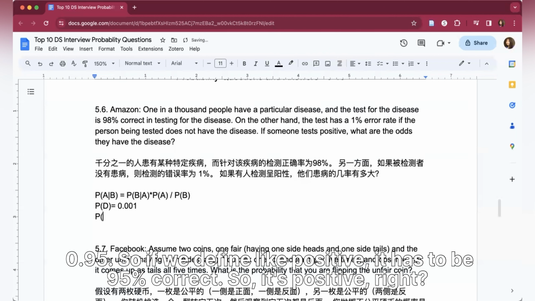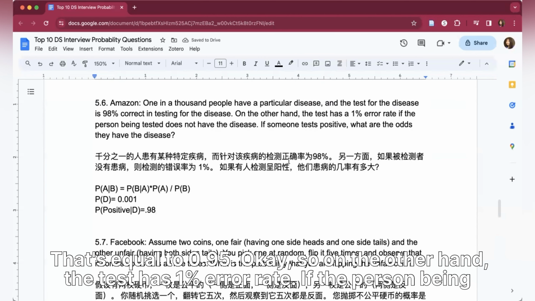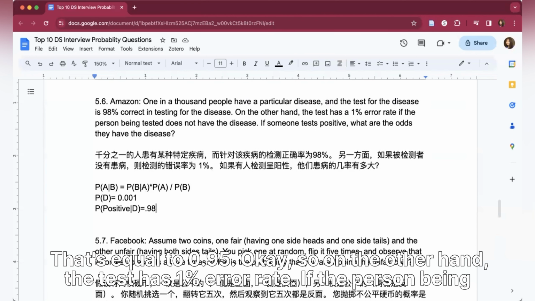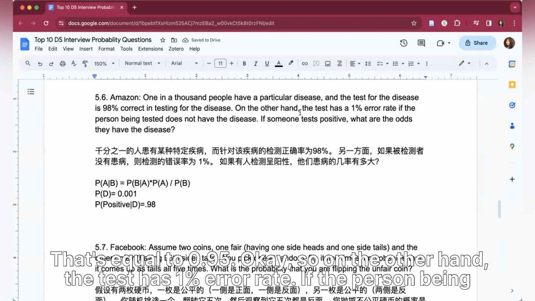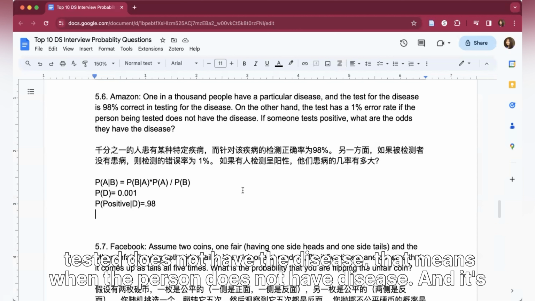So if we define positive, the test is 95% correct. So P(positive | disease) is equal to 0.95. On the other hand, the test has a 1% error rate if the person being tested does not have the disease.